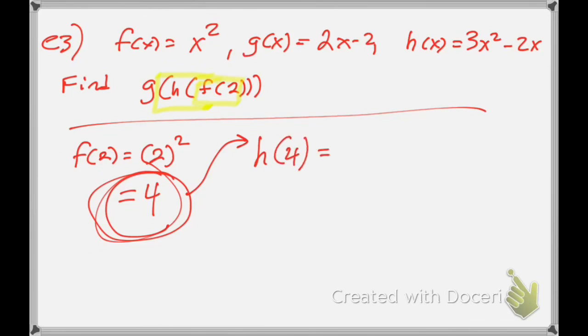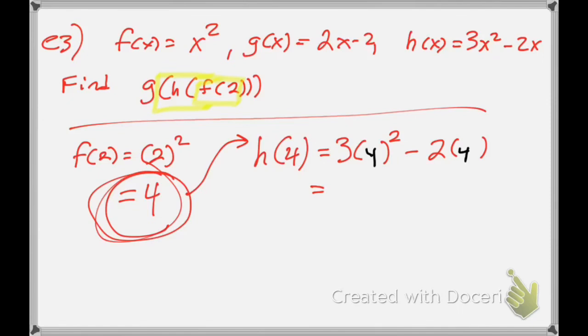I'm going to substitute wherever I see an x. So I have an x squared minus 2 of an x. So I'll take that 4 and replace my x. So I'll take that x, which was x squared here, and I'll replace it with 4, and that 2x becomes 2 times 4.